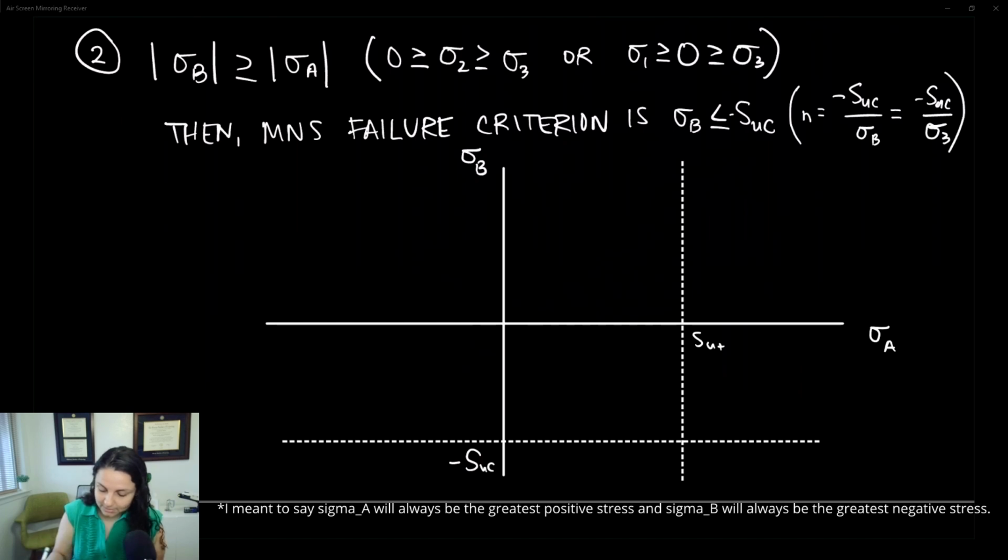We could flip those, and if we did, then we would essentially just flip this failure envelope over the y equals x line, or the sigma A equals sigma B line.